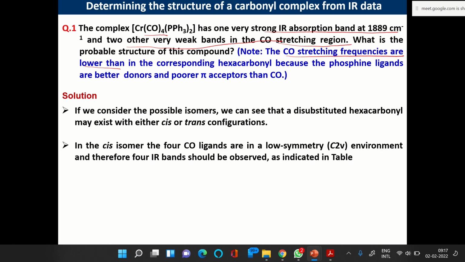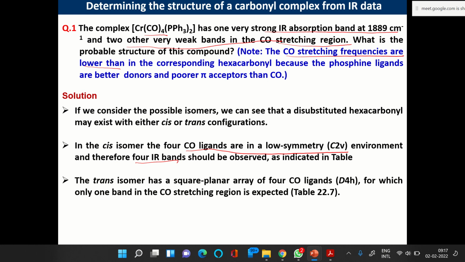In the cis isomer, the 4 CO ligands are in low symmetry, C2V, and therefore 4 IR bands should be observed, as we have seen in the previous table. Using the table that was shown earlier, you can analyze this. If the cis isomer has C2V symmetry, you are expecting 4 IR bands.